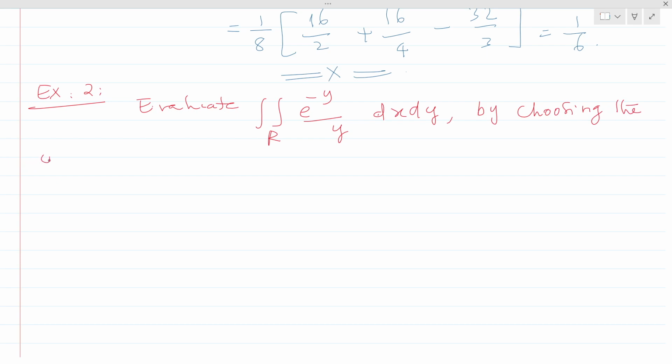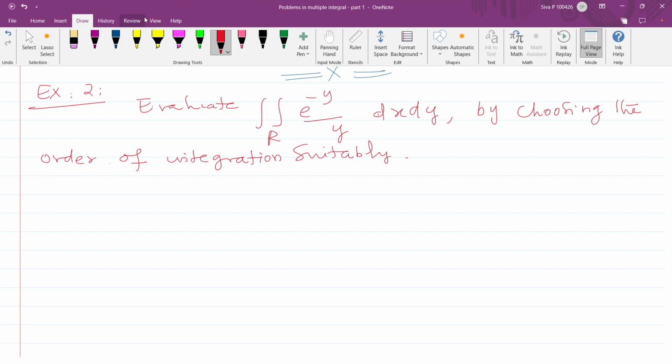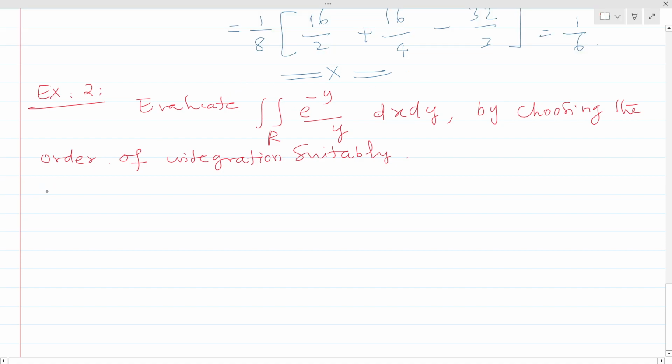So how can we choose the order of integration suitably? You can see the solution here. Write the solution for this.